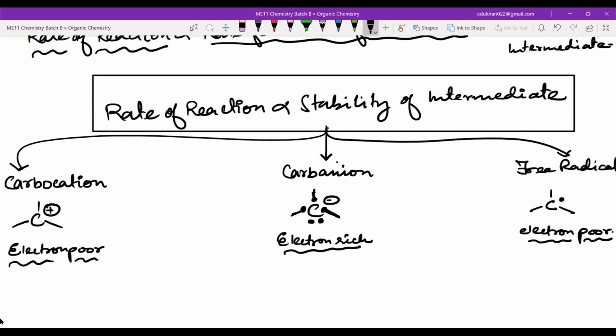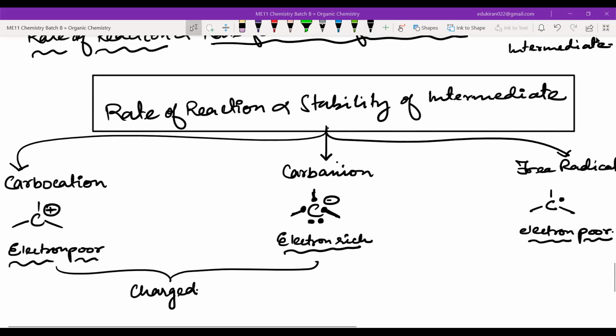These two are charged species. Write this down. Let me know if you're done. Done, guys? Yes, Reba, done?